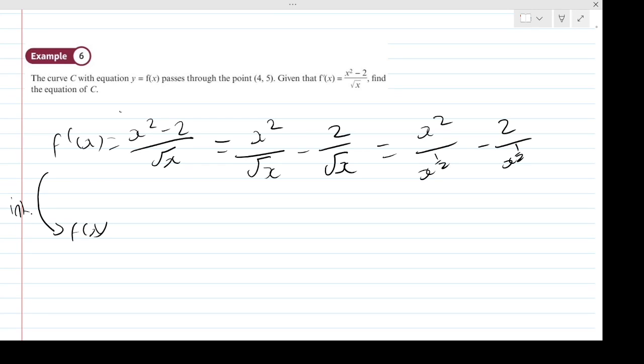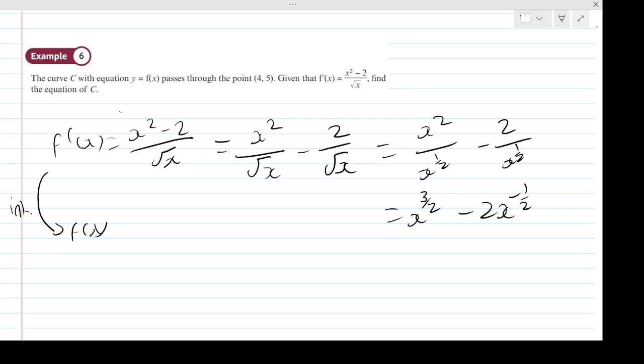Now, I have x's on top and bottom. If I'm dividing the same number, I need to subtract the powers. That's my index law. So I'm going to do x to the power of 2 take away half, which is 3 over 2. There we are. Then we have minus 2, and then this x to the half is a denominator, it's a fraction, so I can make it x to the minus a half there.